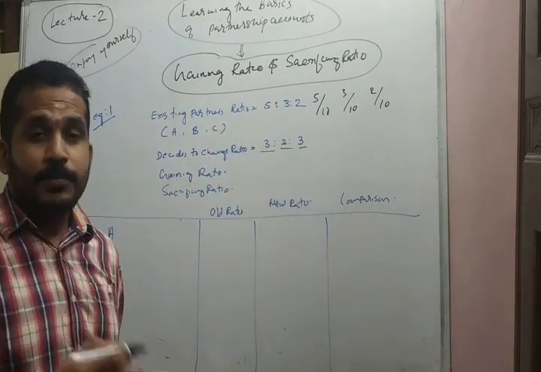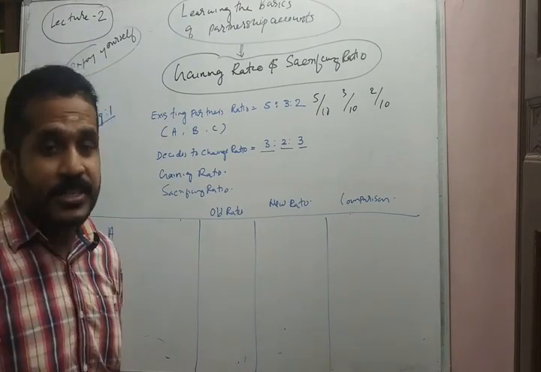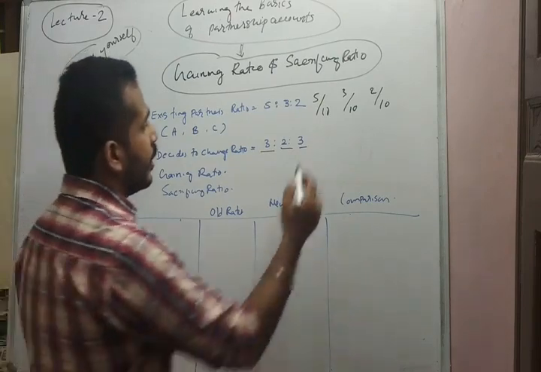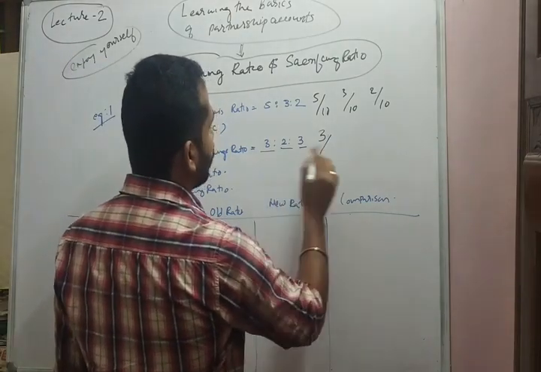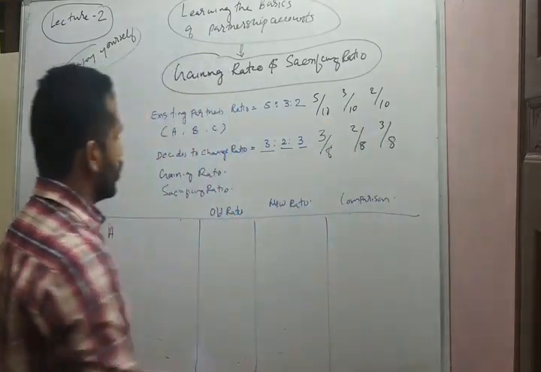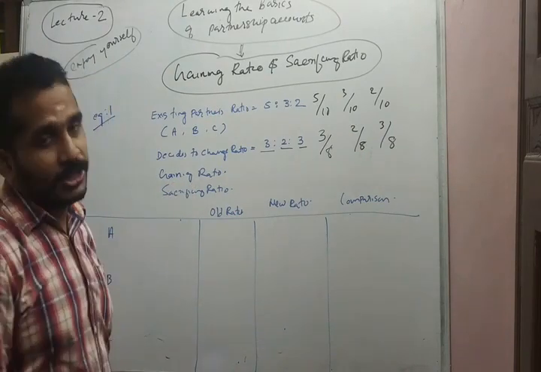We already discussed in the previous class that they can change their profit sharing ratio based on business conditions. So the future ratio they have decided is 3 by 8, 2 by 8 and 3 by 8, and you are required to compute the gaining ratio and sacrificing ratio.